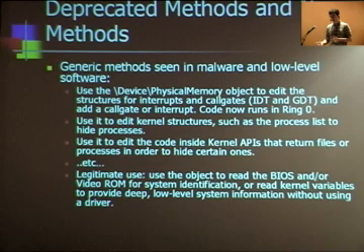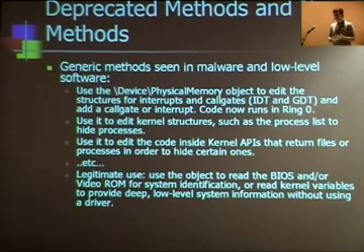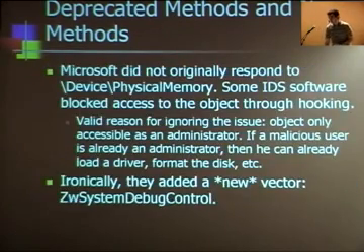Of course, there's also a legitimate use for accessing physical memory. If you want to read the BIOS, or the ACPI tables, a lot of hardware information is available in physical memory at public addresses. So a lot of Windows software used to use this. When some exploits came out that used the device physical memory, Microsoft didn't respond to it because, for a valid reason, like I said, this can only be used by administrators.